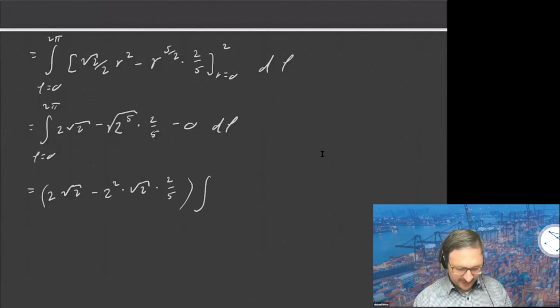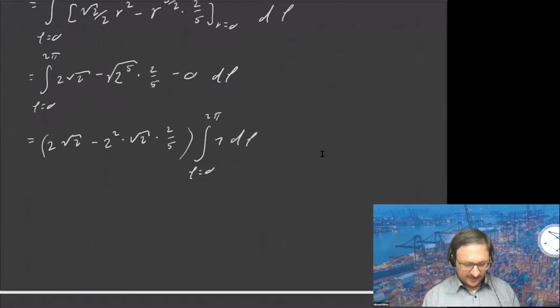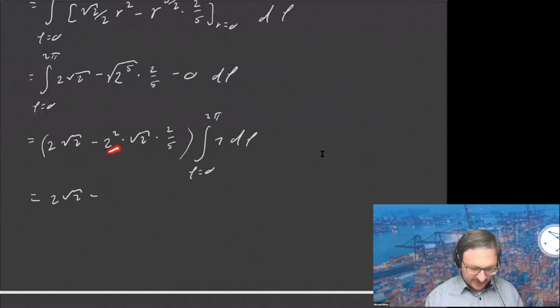And then we have the integral from 0 to 2 pi over 1 d phi. And that is, of course, easy to compute. So that's 2 square root of 2 minus, we have 2 squared times 2, that's 8. So we have 8 over 5 square root of 2 here.